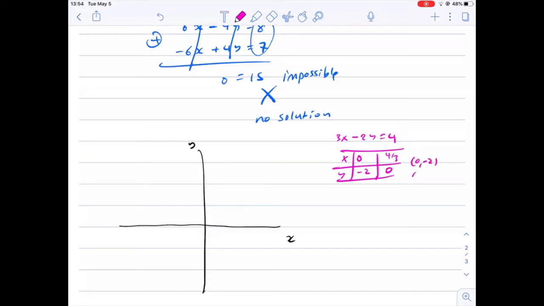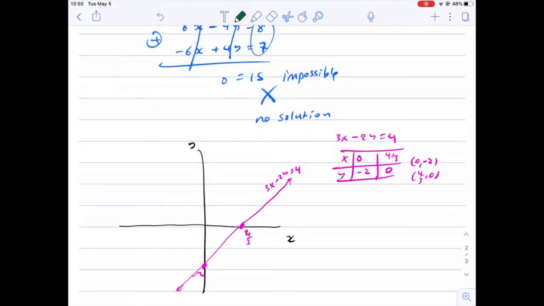So the 2 points are (0, -2) and (4/3, 0). So (0, -2) is this point here, and (4/3, 0) here. So when we graph this, we get this line. So this is 3x minus 2y equals 4.